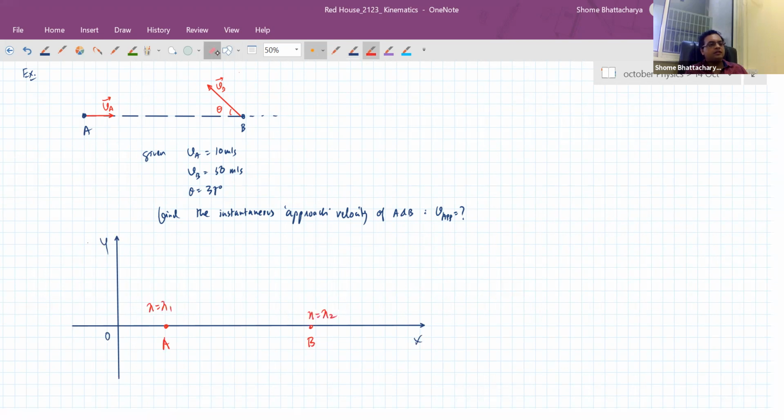So I've made sure that I've selected my x-axis such that both A and B are lying on the x-axis. Now at this same point of time, A's velocity is in this direction, and B's velocity is in this sort of direction.